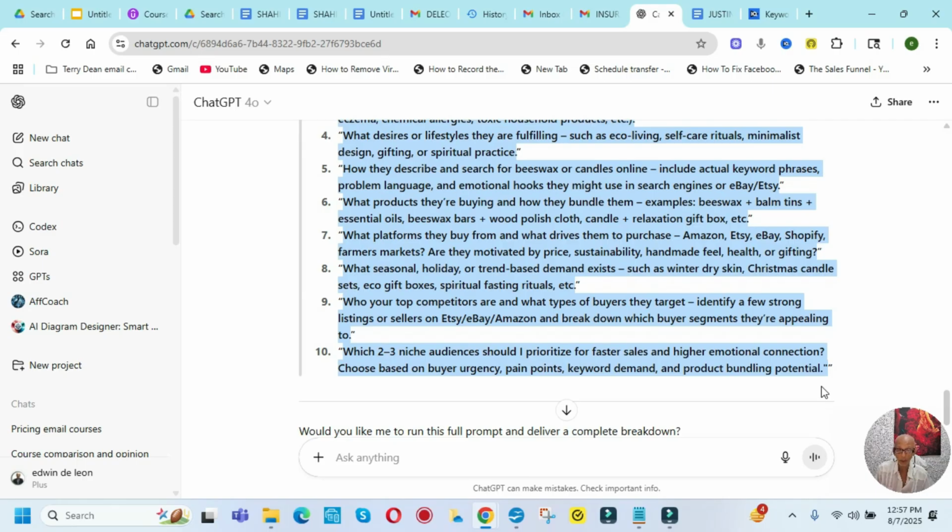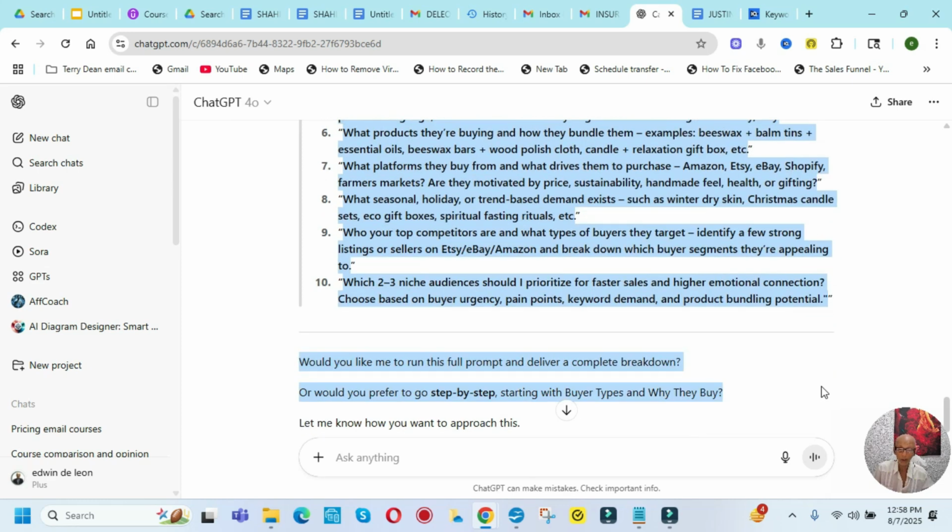Are they motivated by price, sustainability, handmade feel, health, or gifting? What seasonal, holiday, or trend-based demand exists, such as winter, dry skin, Christmas candle sets, eco gift boxes, special fasting rituals?